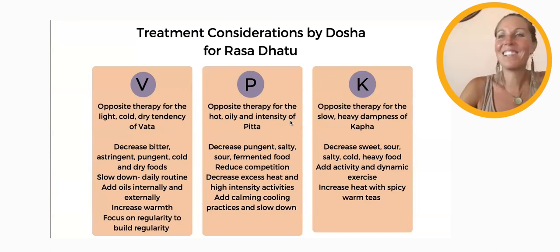For pitta, we decrease pungent, salty, sour, fermented foods, reduce competition, reduce sharpness, decrease excess heat and high intensity activities, add cooling, calm practices, and slowing down. And for kapha, opposite therapy would include decreasing sweet, sour, salty, cold, heavy foods, adding activity and dynamic movement and increasing heat and spicy warm teas. Okay, so that's just general diet and lifestyle with considerations of dosha for rasa dhatu.